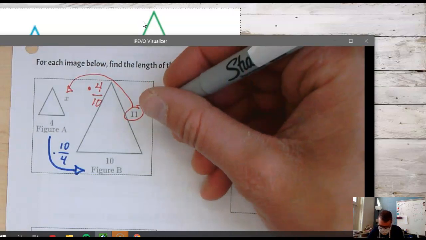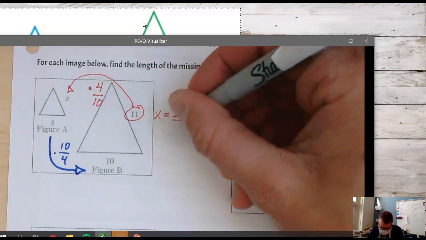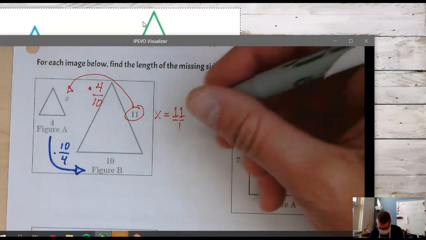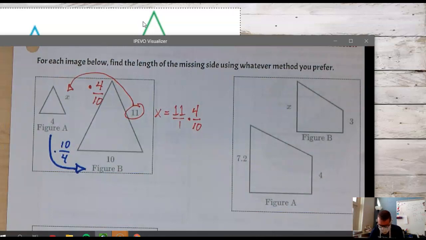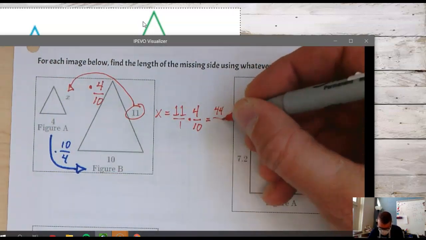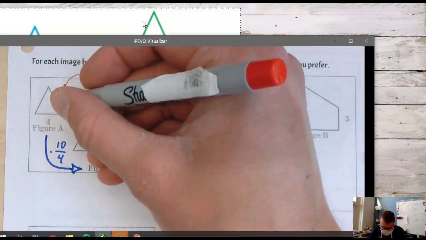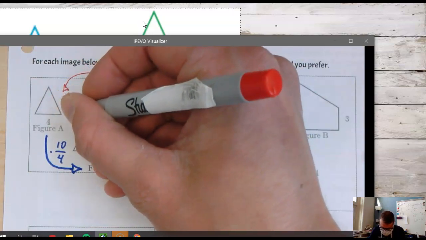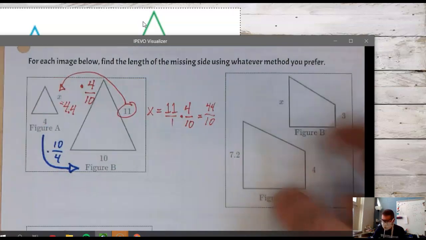So x is going to be 11, which I'm going to make a fraction, 11 over 1, times 4 tenths. Yeah, 44 over 10, which is 4.4. Try that over here.